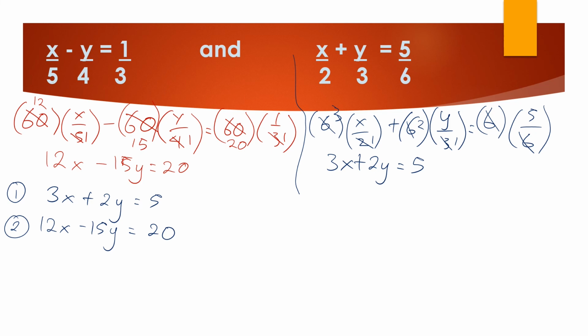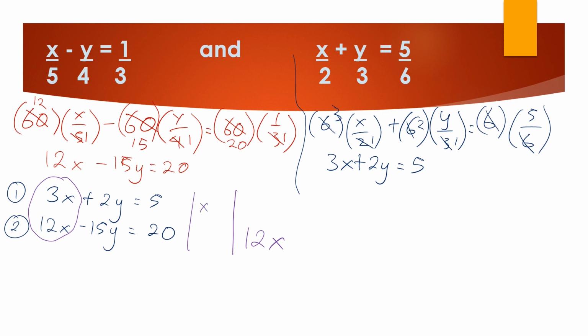So choose which one you want to eliminate, the x or y. Yes, which one is the easiest, with the smaller number? This one. So we are going to make it into 12. Why 12? Because 12 divided by 3 is 4, right?